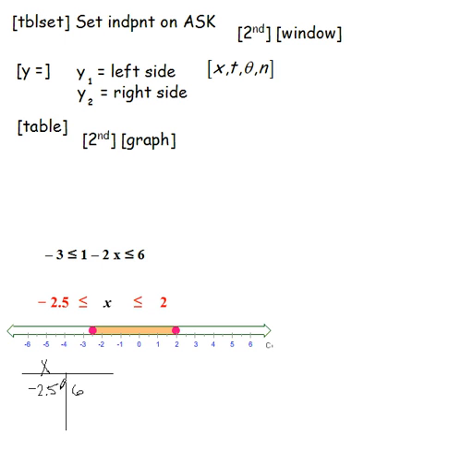So if we put a negative 2.5 in as the x here, and calculate 1 minus 2 times it, we get exactly equal to 6. And then we'll just take the other value.